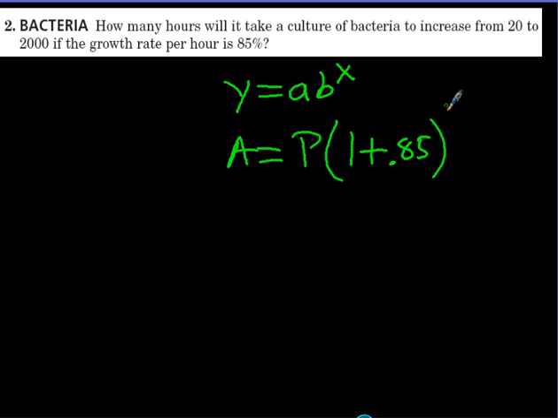okay, and I'm just going to use x, right? Could be t. I think in the example I gave you before, it's t. It really doesn't matter. If you want to use t because it's time and that would be helpful to you, that's fine. P was the initial amount, right? That's the starting amount.